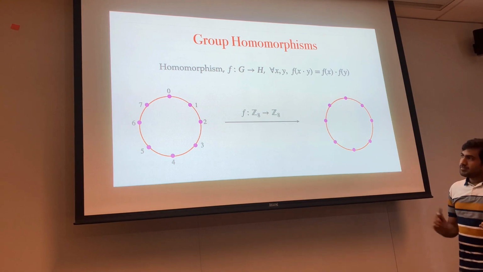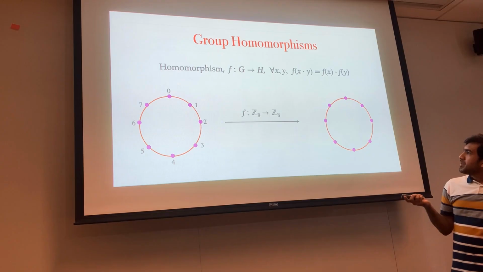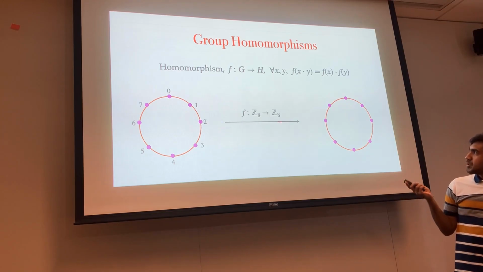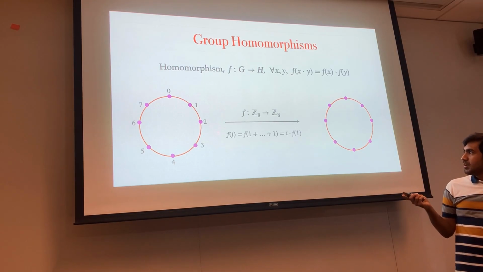Okay, so just to make sure everyone's on the same page, think of a map from the cyclic group to itself. What does it mean for it to be a homomorphism? Well, for any number i here, I can write i as 1 plus 1 plus 1, i times. By this property, it just means that this should be equal to f of 1 plus f of 1 plus f of 1, i times.